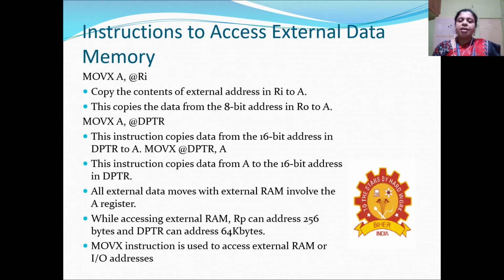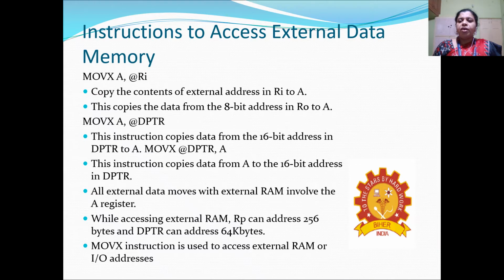So in data transfer, we'll see the different types, that is, how data can be accessed from data memory or program memory, or if it involves the stack. The first one is the instruction to access external data memory.